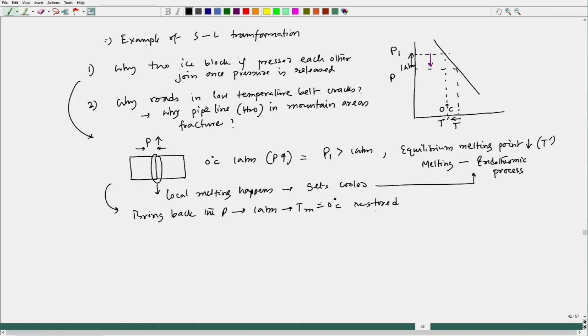But when it is restored, this region's temperature, T double prime, is still lower, as there is little heat exchange. Since it is below 0 degrees, I am in the solid zone, so that liquid will solidify.